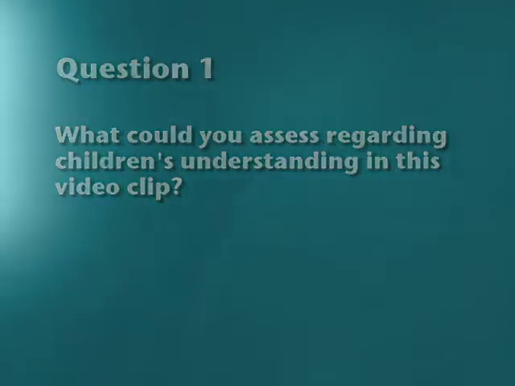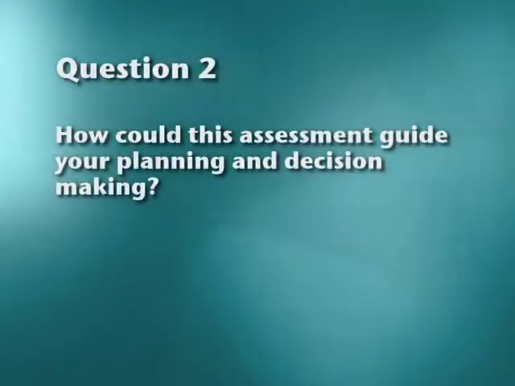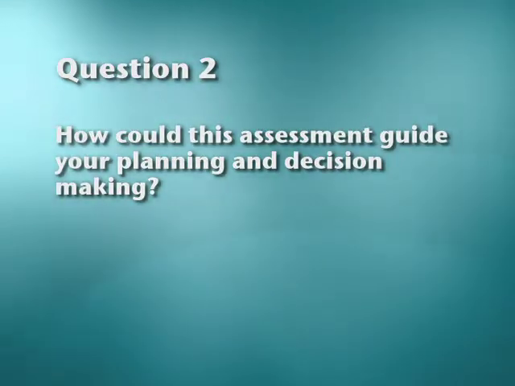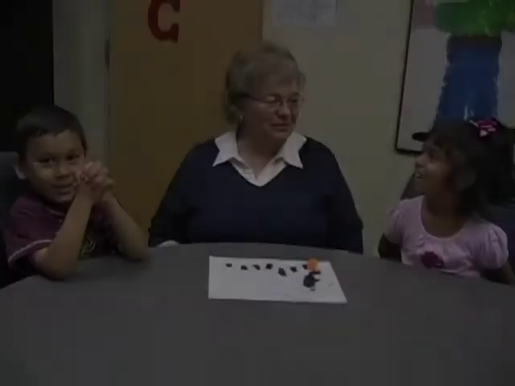And the second question is, how could this assessment guide my planning? I will tell you that this particular game is one that I play with children at the beginning of pre-K. So the 2 children that you're going to see are children who are early 4s, and I often will play it with a 3-year-old as well. After you view this video clip, please pause the DVD so that you can respond to any reflections you may have about this video.